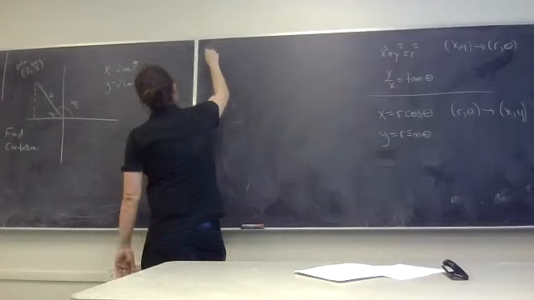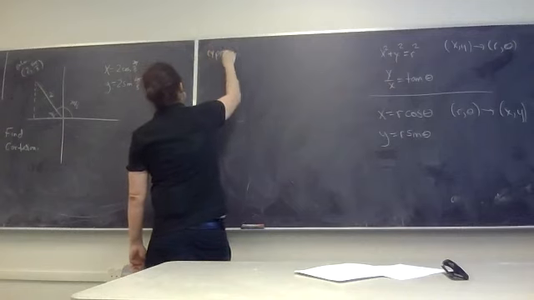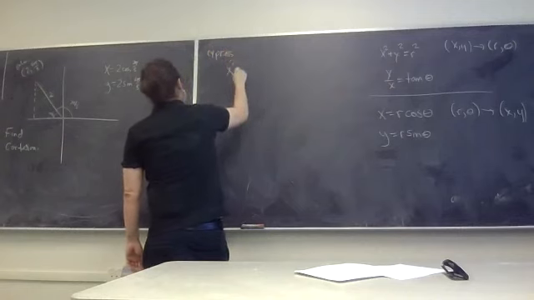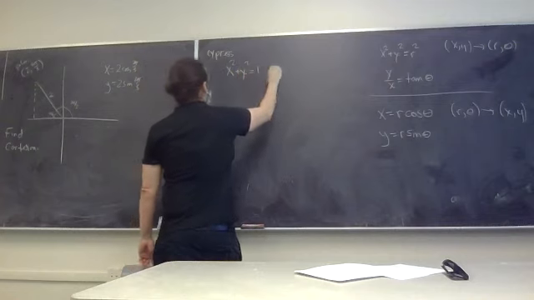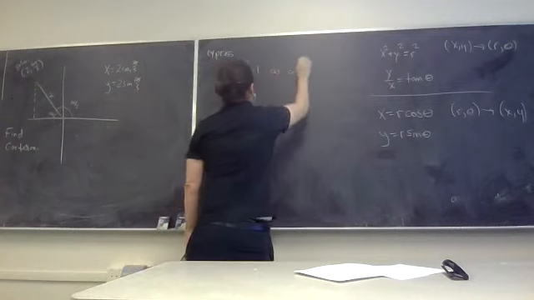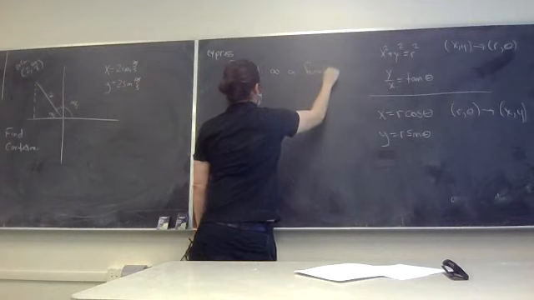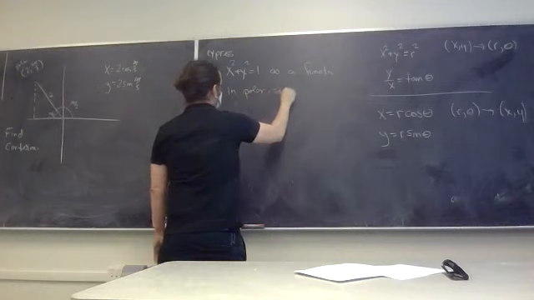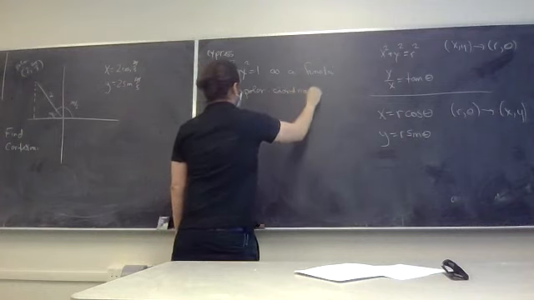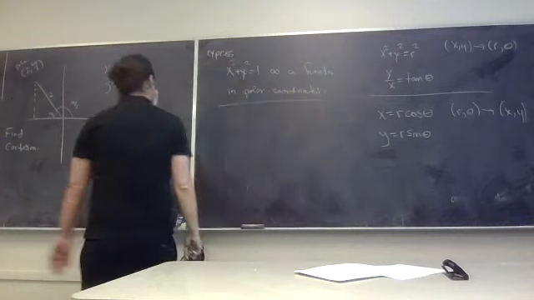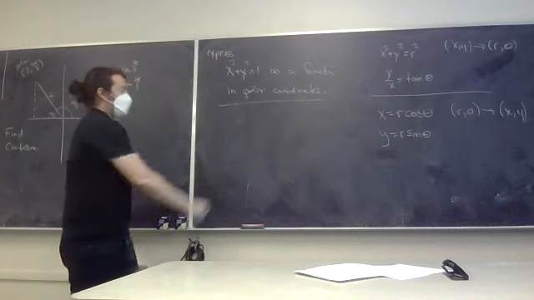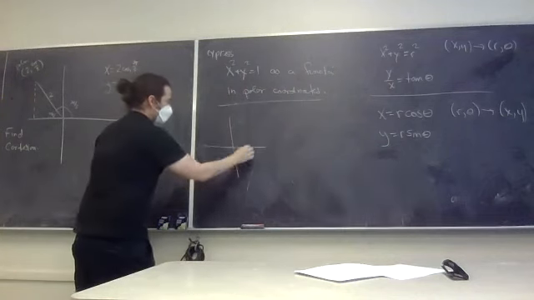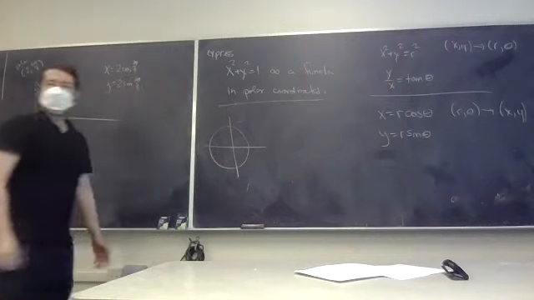So express x squared plus y squared is equal to 1 as a function in polar coordinates. Of course I know that x squared plus y squared is equal to 1: circle, radius 1.